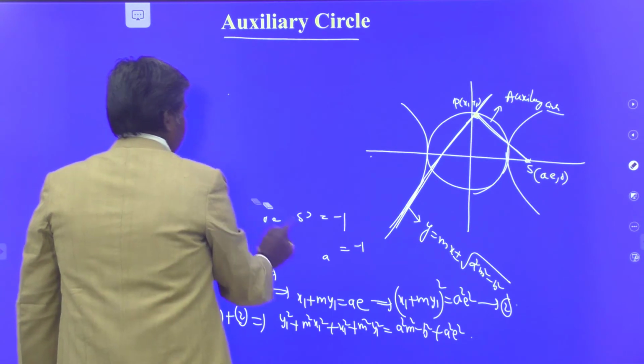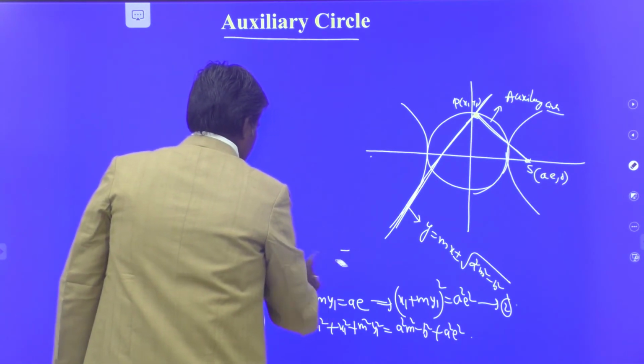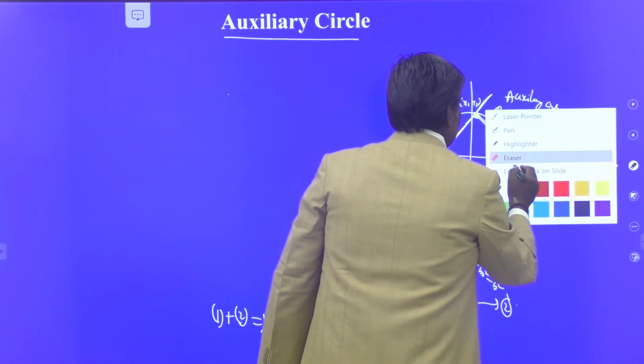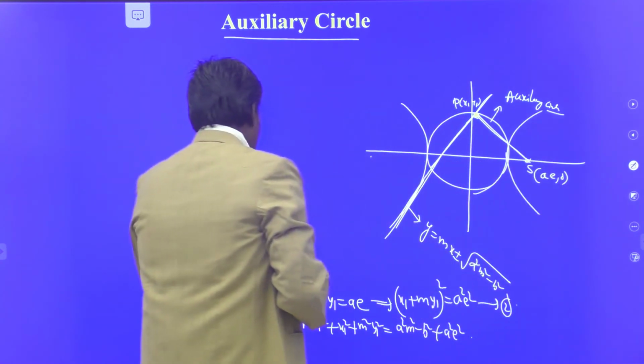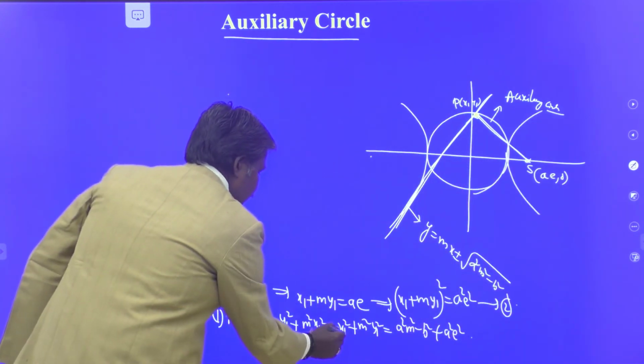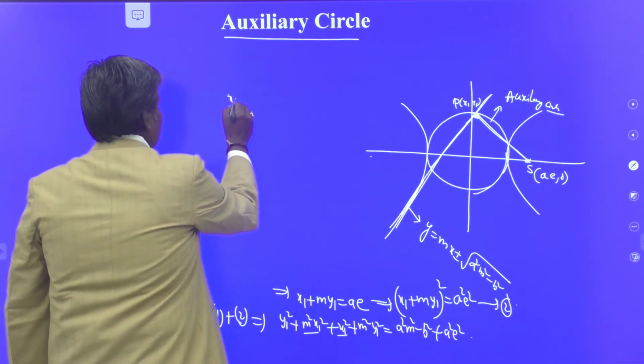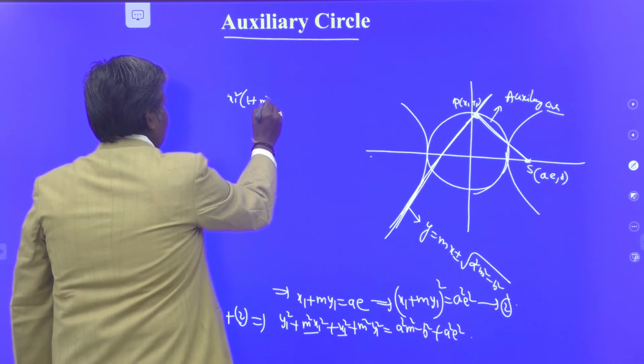Take x1 square common from these two terms: x1 square into 1 plus m square.